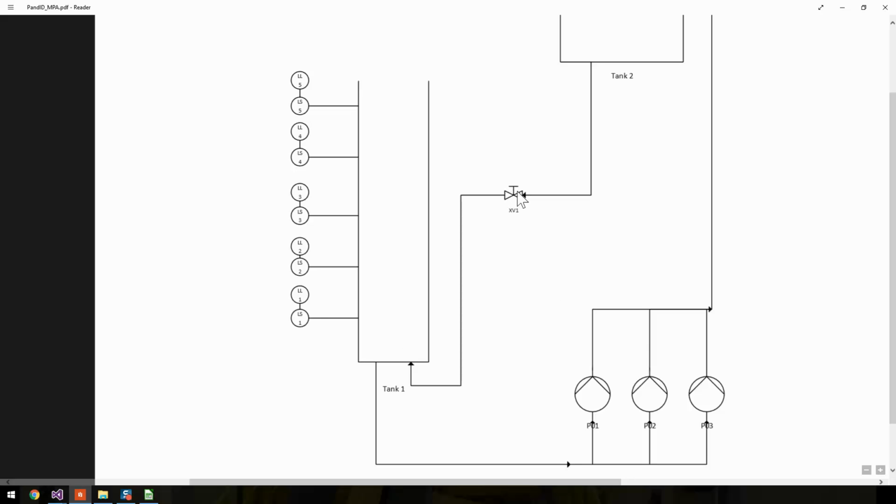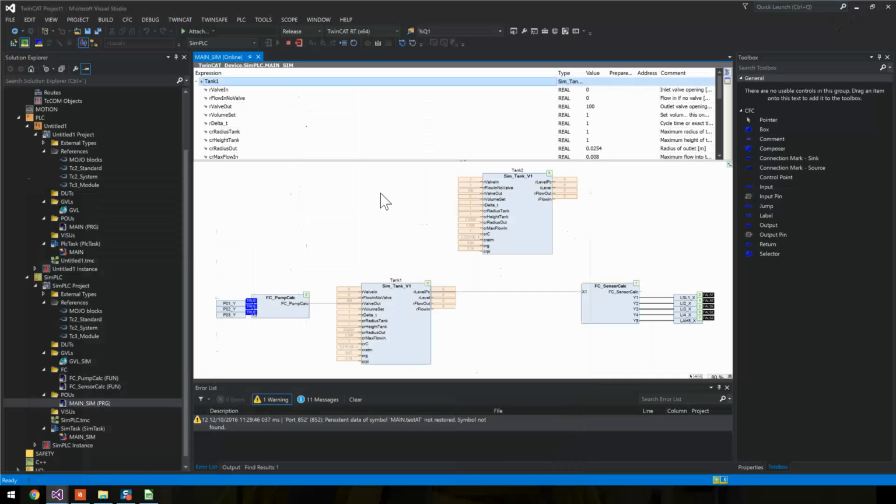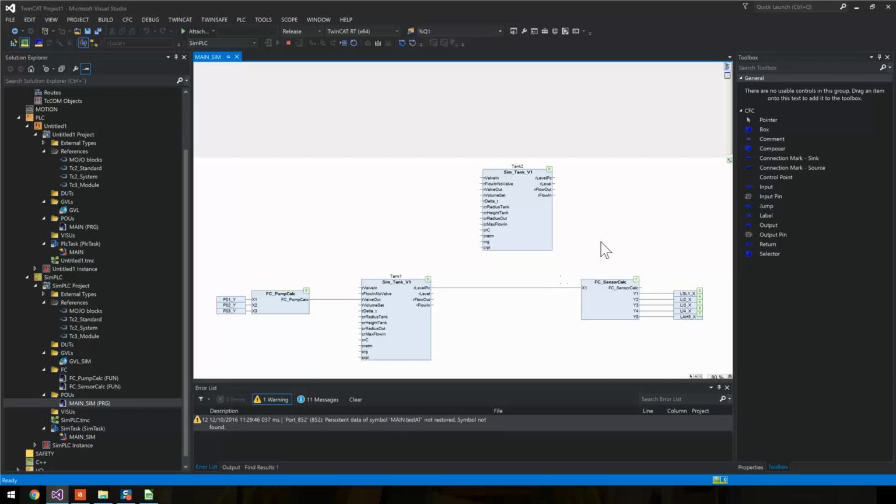We still need to add a valve and a connection between the two tanks, both ways. So the pump flow should add water to tank 2, and tank 2, if the manual valve is open, should add water to tank 1 again. So flow out of tank 1 should go into tank 2.